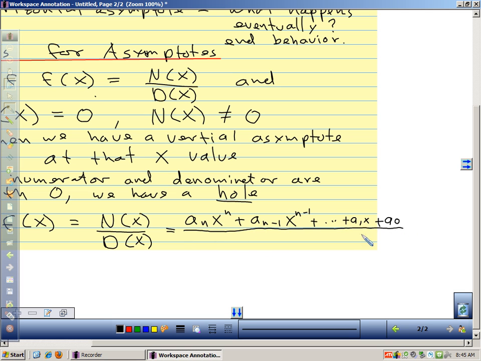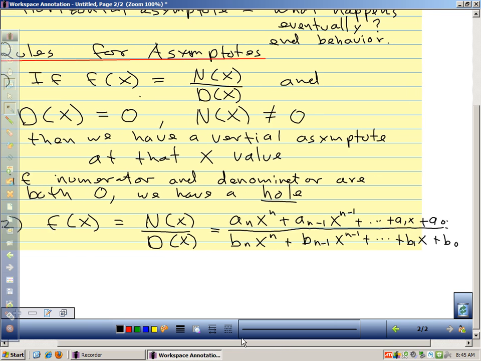And our denominator is, we're going to use b. And we have a big long polynomial here. So this is our rational function.